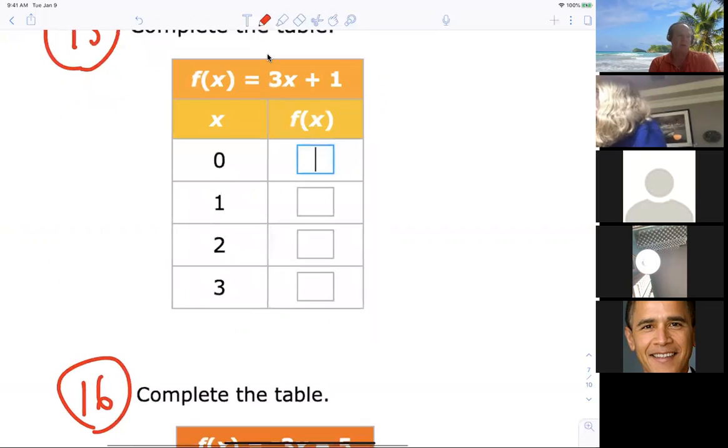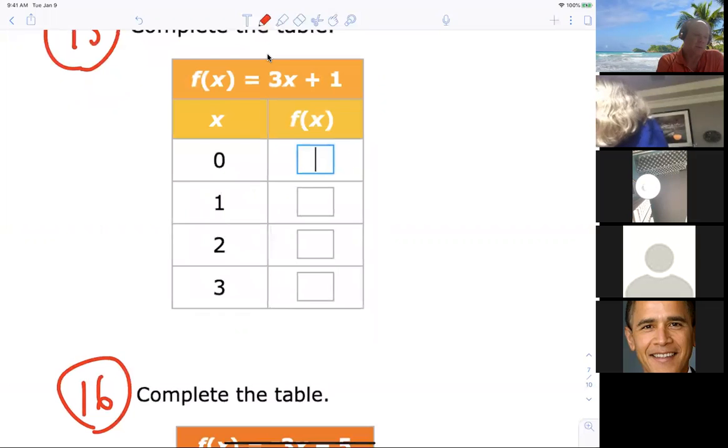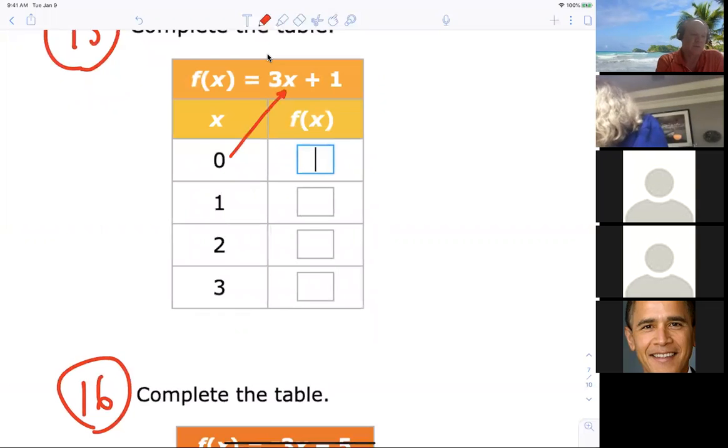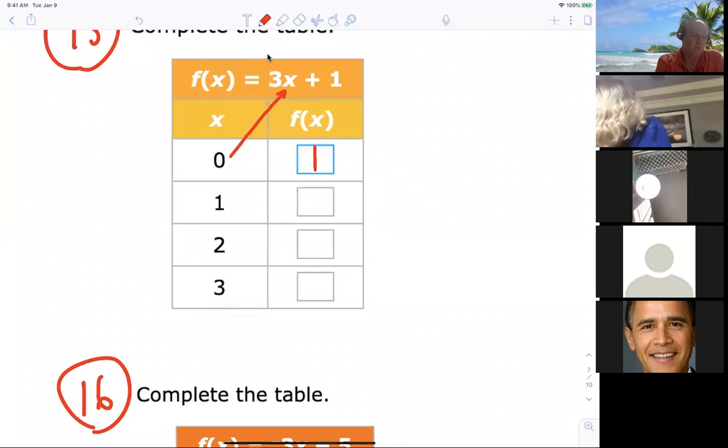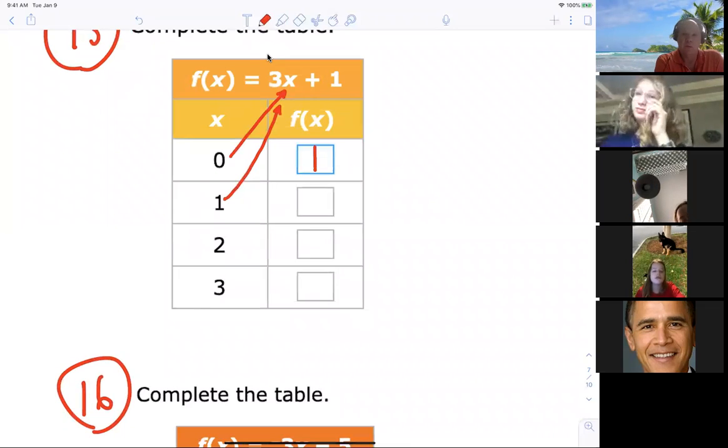All right? It is. So if I plug 0 in for x, what's 3 times 0 plus 1? 1. Now plug 1 in. 3 times 1 plus 1. This should be relatively easy. 4.